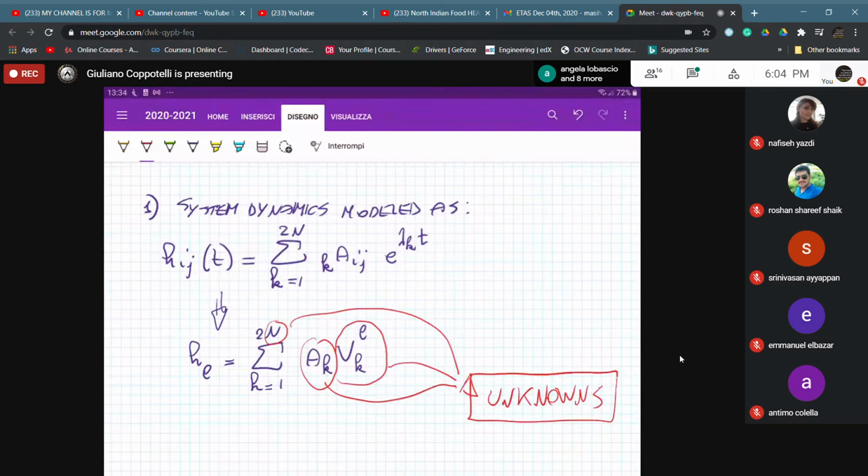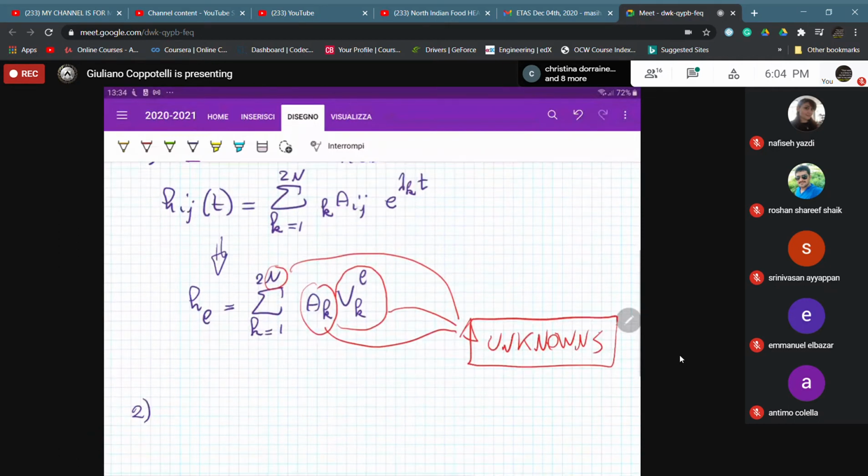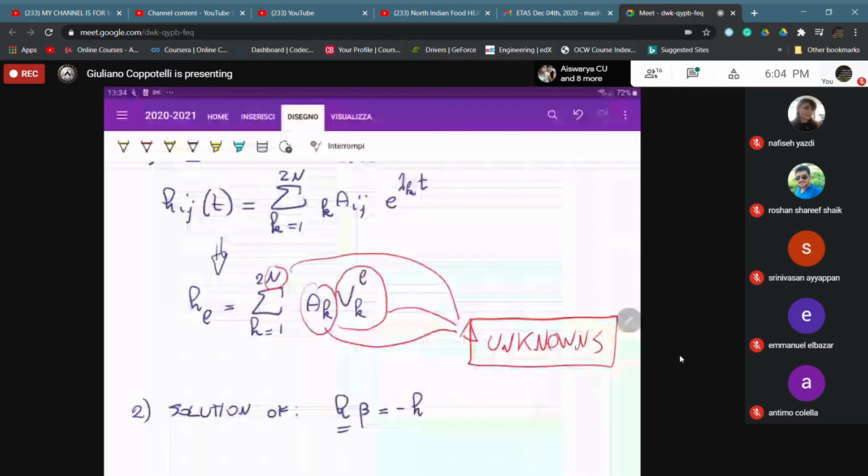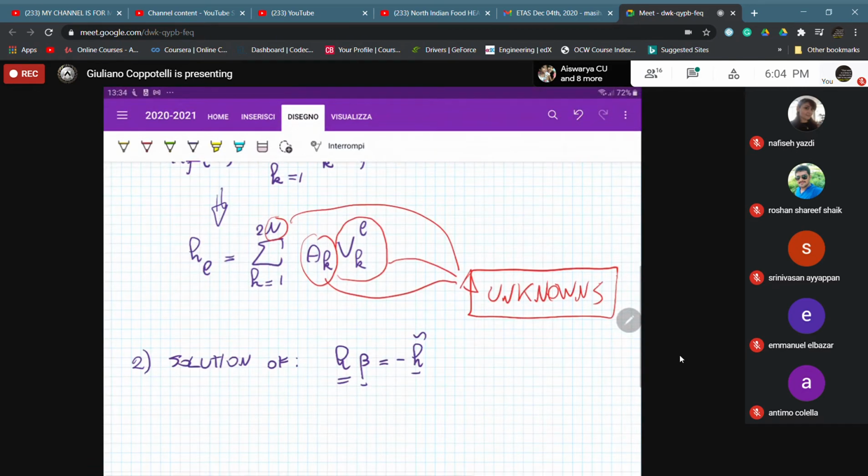How can we do that? The method introduces the solution of the equation h times beta equals negative h tilde, a vector, and therefore we solve for the vector of unknown betas.